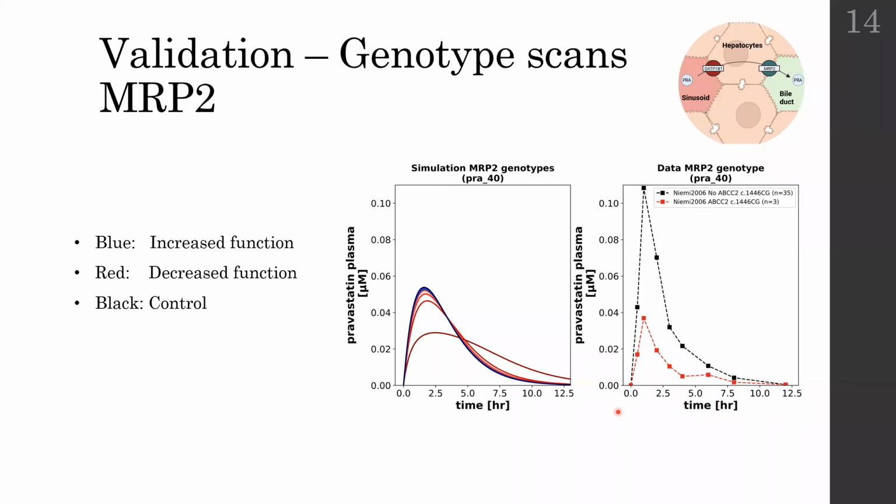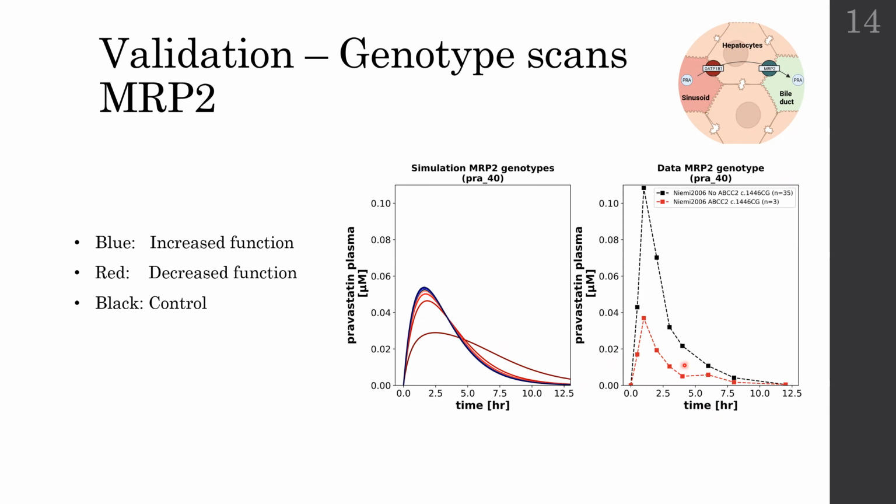And what we can see here is that the model predicts an increase in pravastatin plasma concentration and AUC for increased MRP2 function, which is illustrated by an almost invisible blue line, and a decrease in plasma pravastatin concentration and AUC for reduced MRP2 function, which is described by this red solid line.